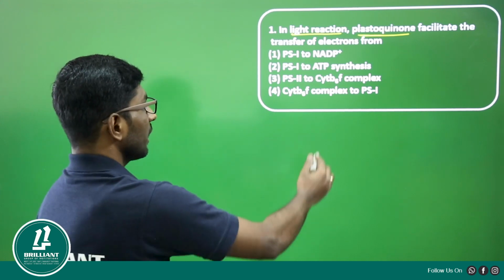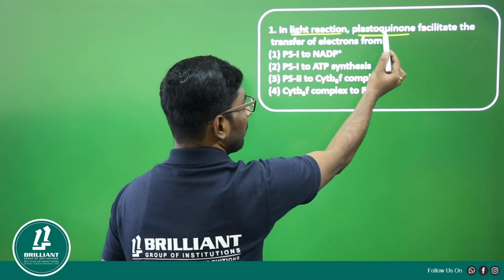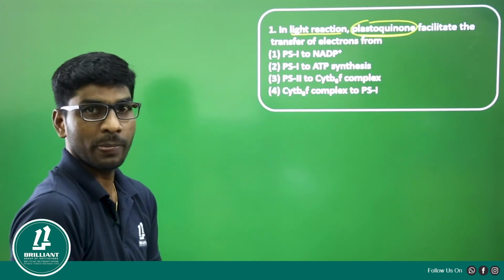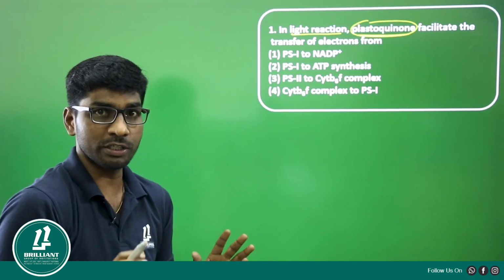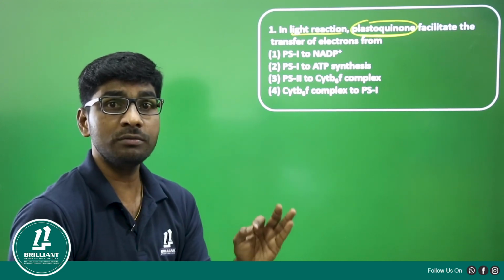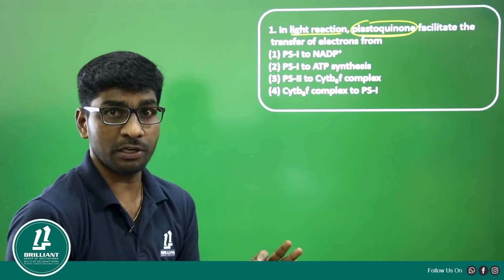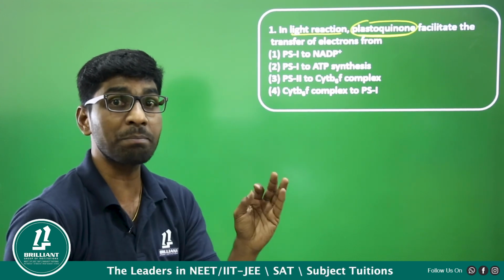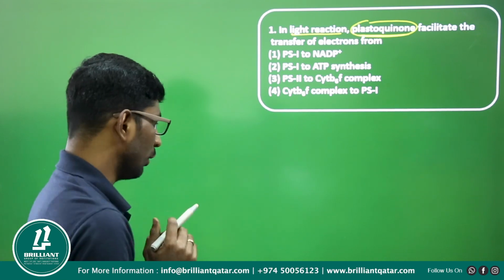Yes or no? So look at here. In light reaction, plastoquinone. What is this plastoquinone? If you are able to recall your normal theory classes, PS2, non-cyclic photophosphorylation. Non-cyclic photophosphorylation starts with PS2. Yes or no? Look at here.